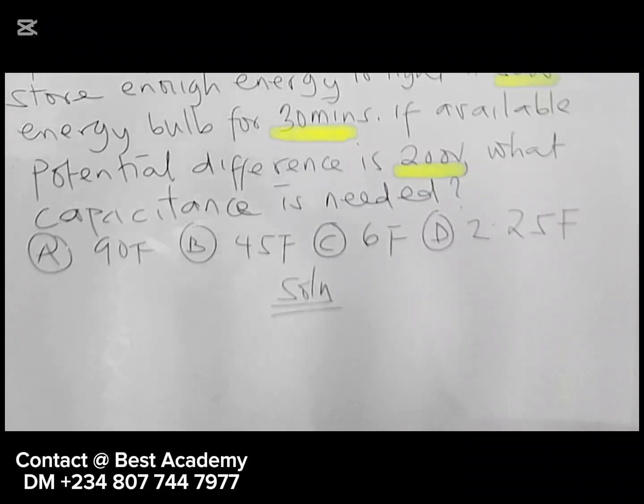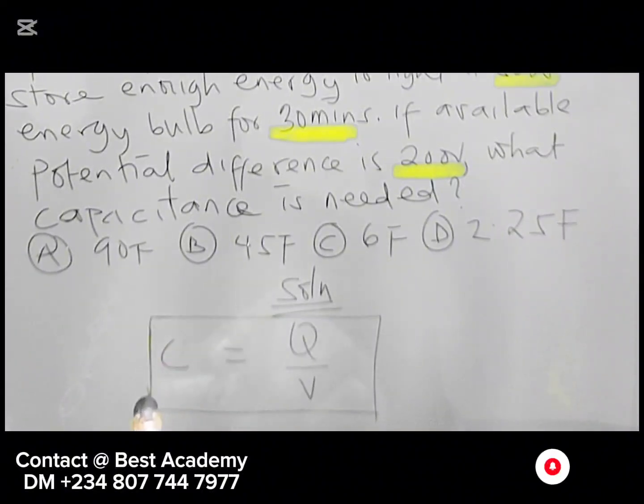There's something you have to understand in terms of capacitance: whenever potential difference is given to us, the first formula we should consider is C equals Q over V. This is the fundamental formula for capacitance across potential difference.